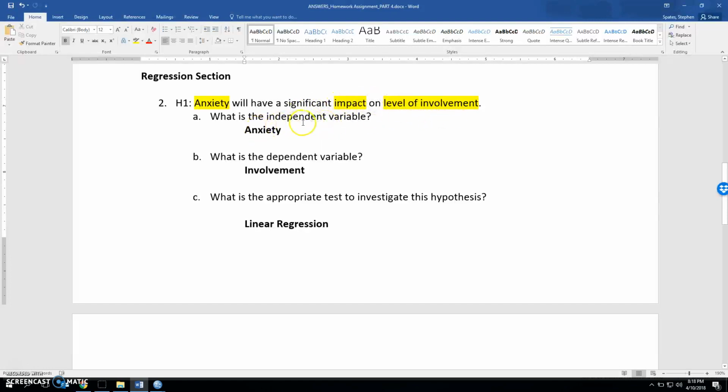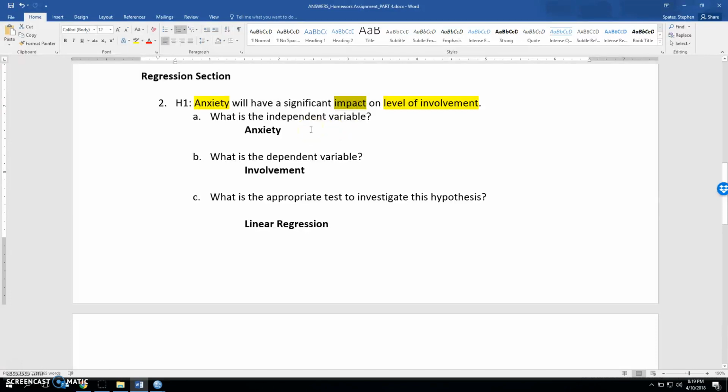What is the independent variable in this case? Anxiety. But what is the dependent variable? That's going to be involvement, because we're predicting that it will be impacted by anxiety. Notice again, if we break down the hypothesis, the word impact is used. If you go to your cheat sheet, you will see that that word becomes a trigger word for regressions.